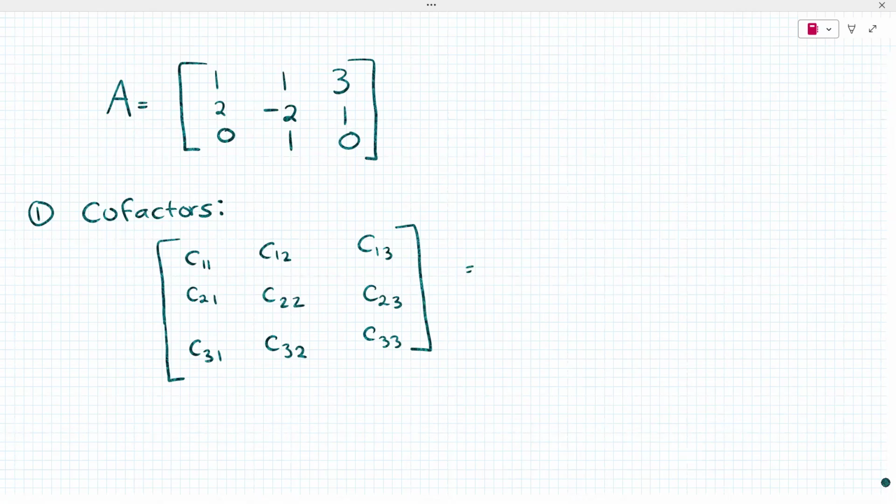So that would give me, I get, by this matrix, -1.